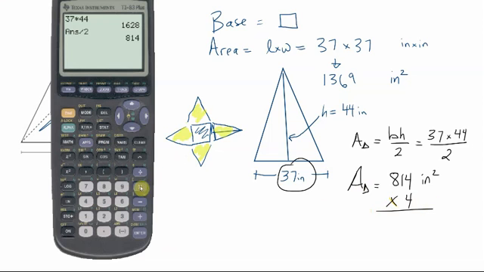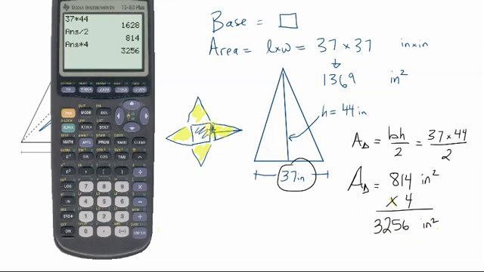That gives us the area of all the triangles. Let's try that again. 3256. I guess the calculator likes a nice stable surface. And we still have inch squared.